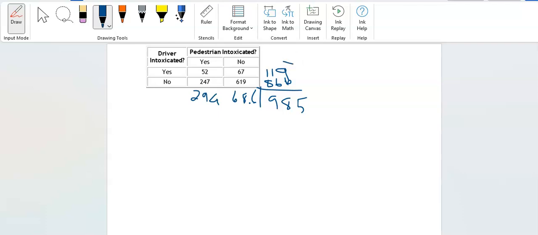There were 119 total drivers intoxicated out of the 985 people in the whole chart. So there's our probability that one pedestrian was killed by an intoxicated driver.